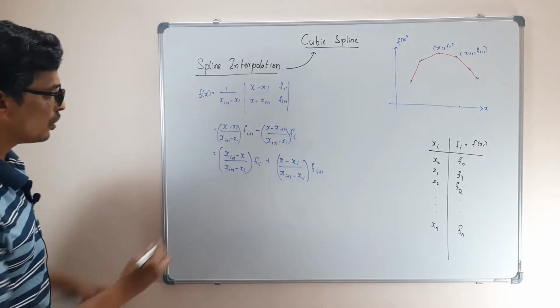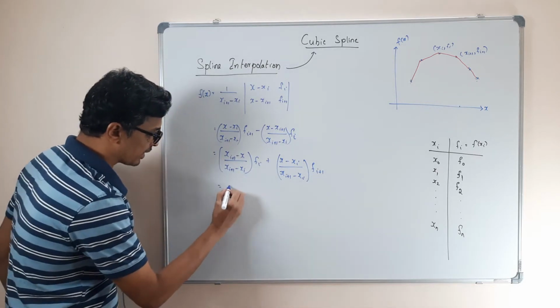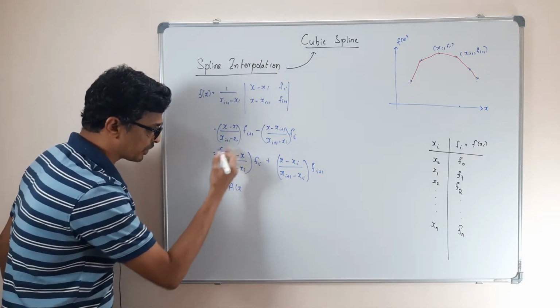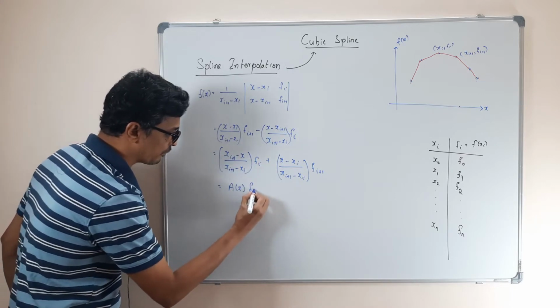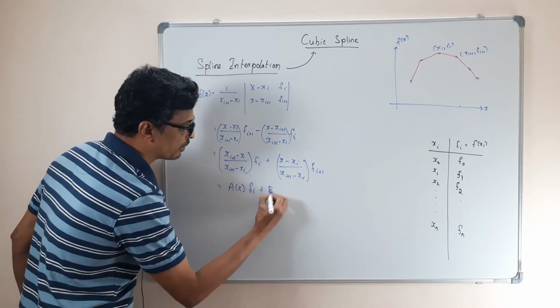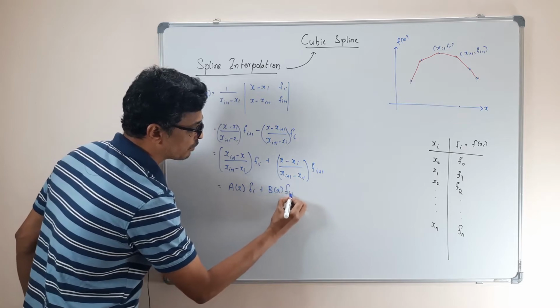Let me call this function a of x, because it is a linear function in x, multiplying fi, and this is b of x multiplying fi plus 1.